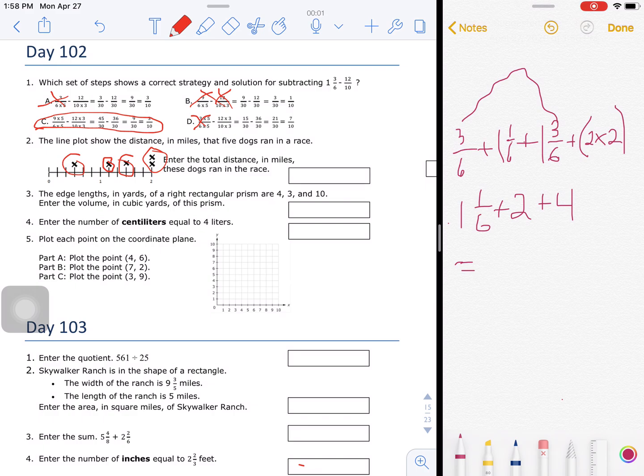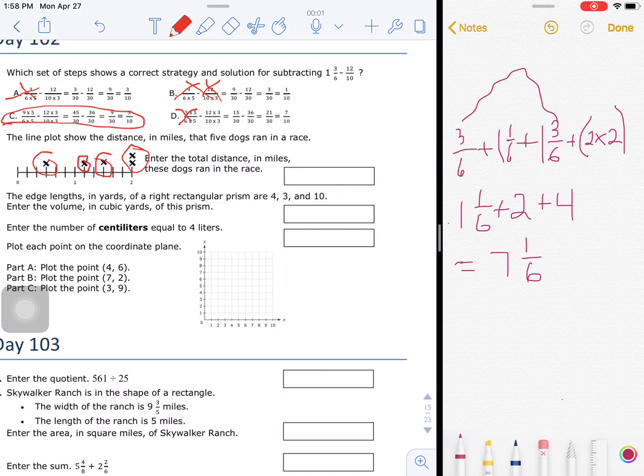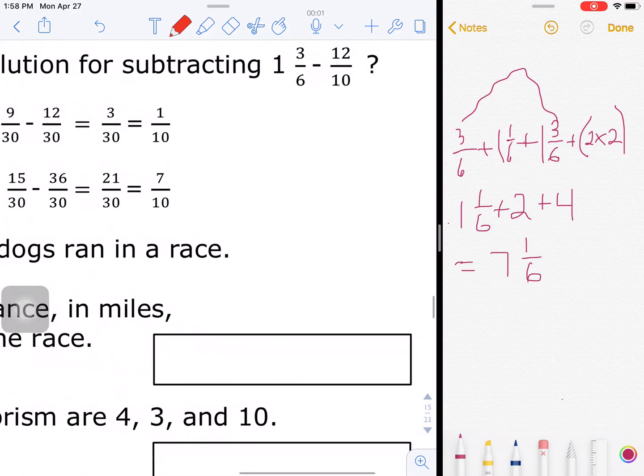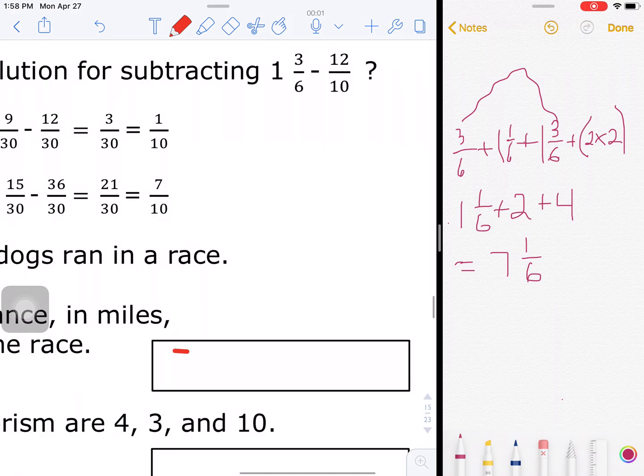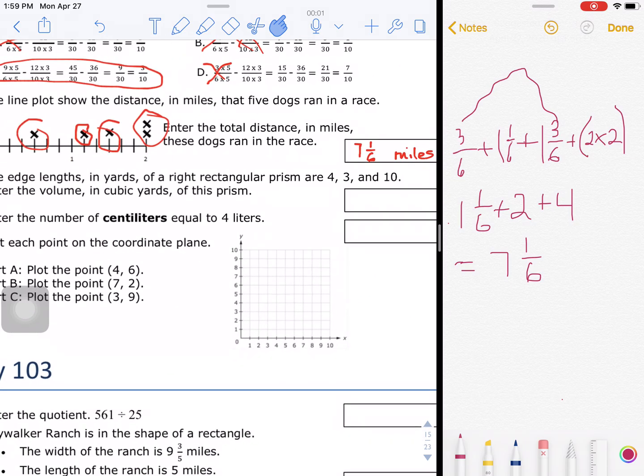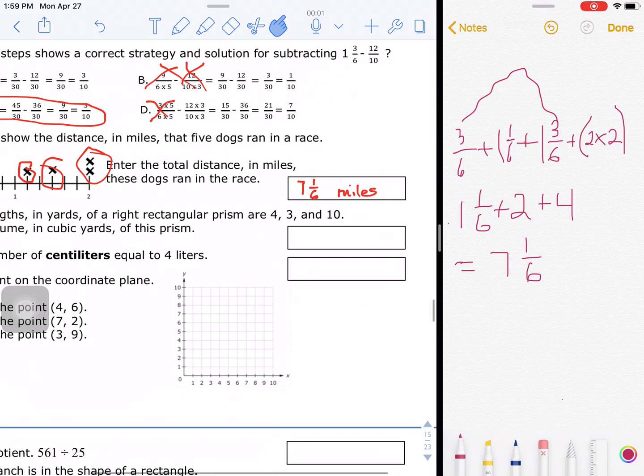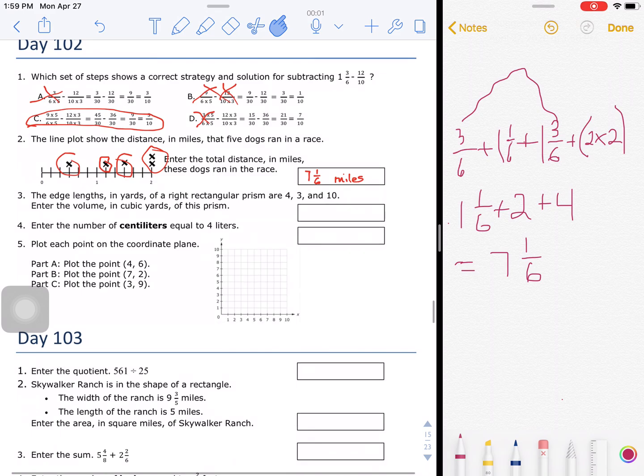There's often more ways to solve things. So now I add up all the whole numbers. I have 7 and 1/6 left over. So this is 7 and 1/6 miles they ran all together. Let me narrow that down so we can take a look at that.